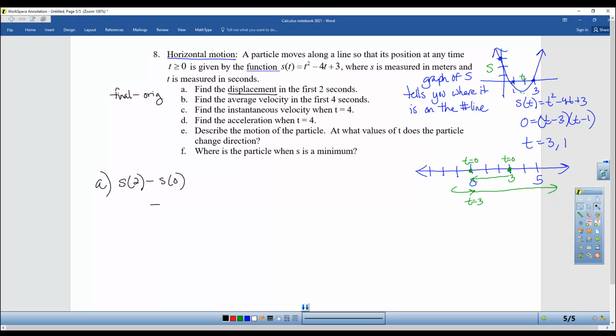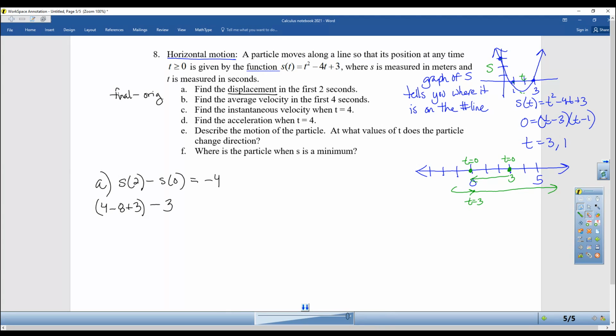So we already know that where it started, if I plug a 0 in, I get 3. If I plug a 2 in, I get 4 minus 8 plus 3. So its displacement in the first 2 seconds comes out to be -4, if you do that math. Its unit is meters.